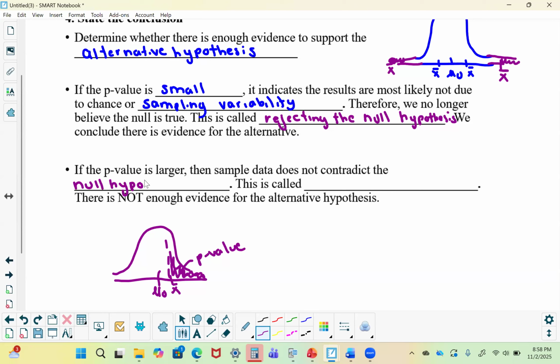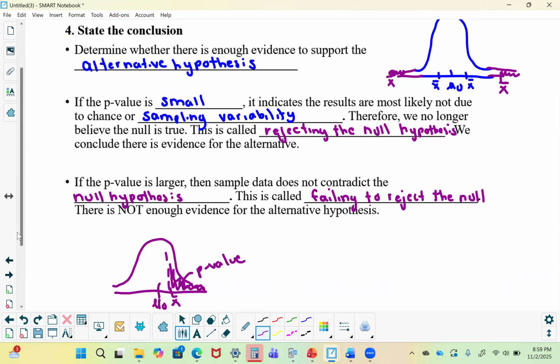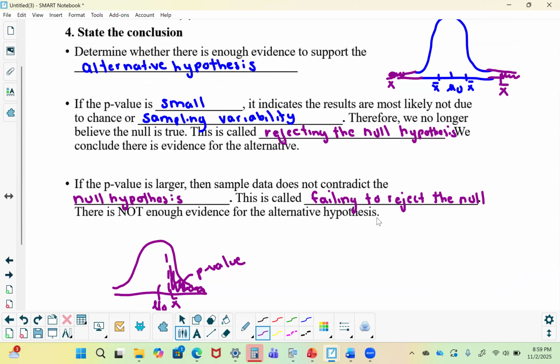It's probably just due to sampling variability. And this is called failing to reject the null. Because we're not rejecting it, we say there's not enough evidence for the alternative hypothesis.